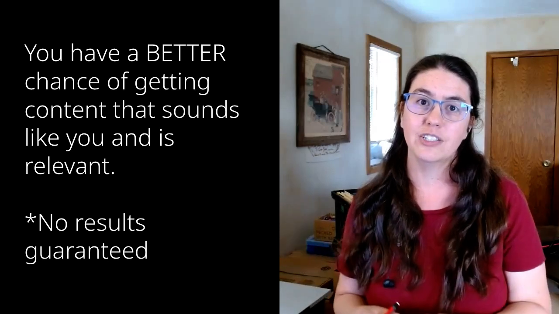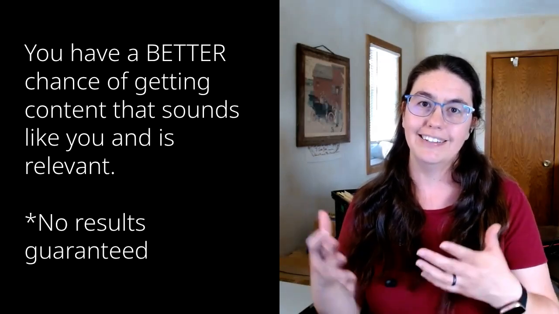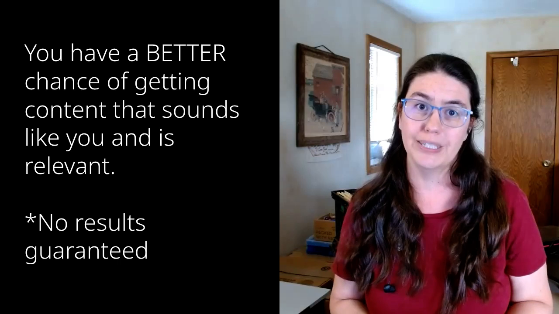You want to upload the prompt and the business and voice documents all together when you're asking the AI to create the blog post for you. That will make sure that instead of getting a really generic sounding blog post, you get content that actually sounds like you and is relevant to your business.